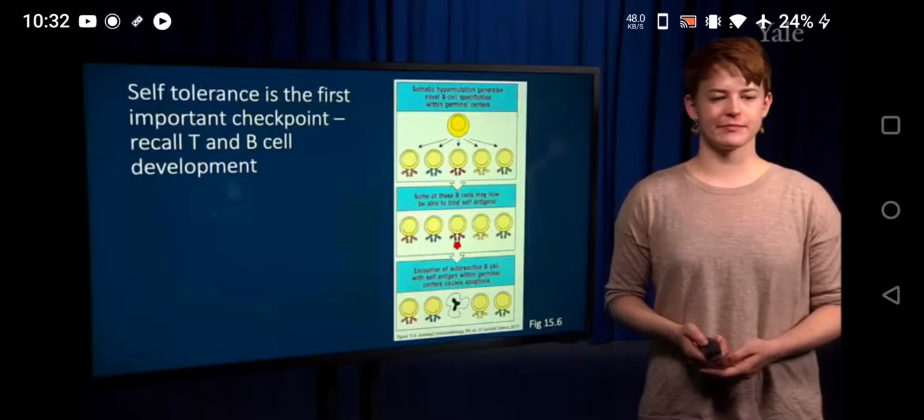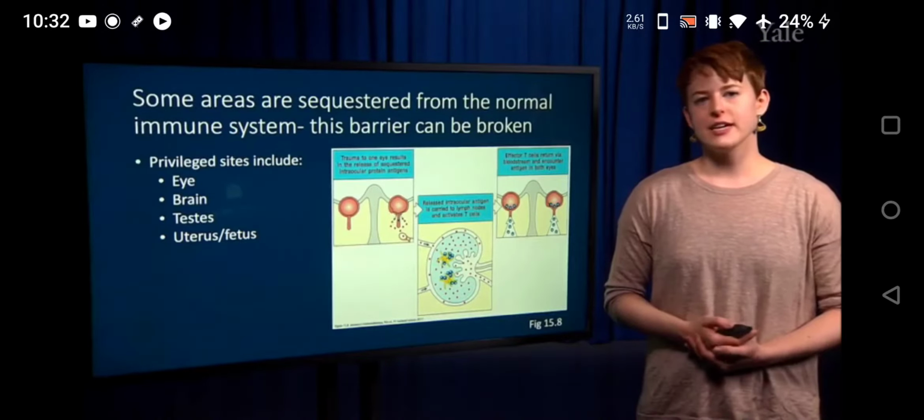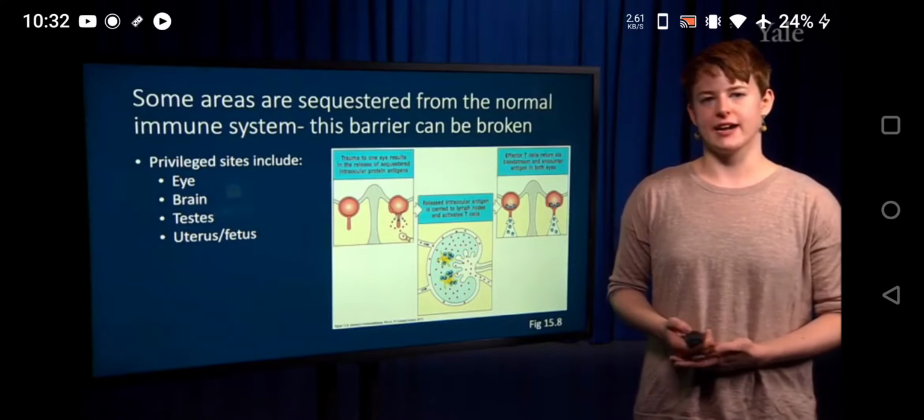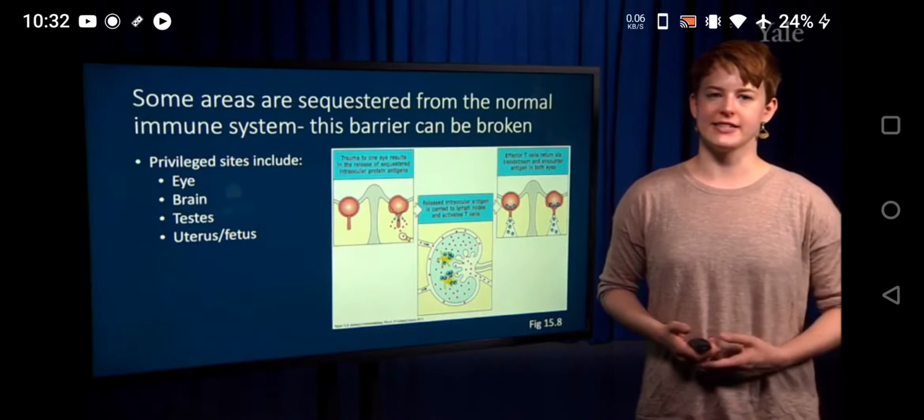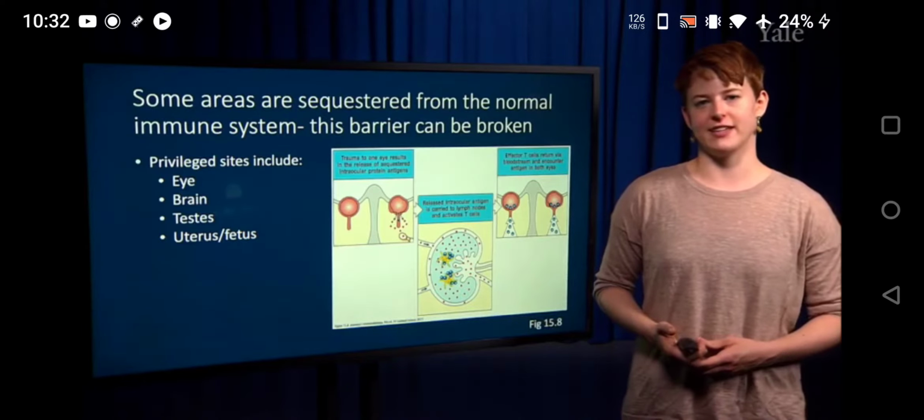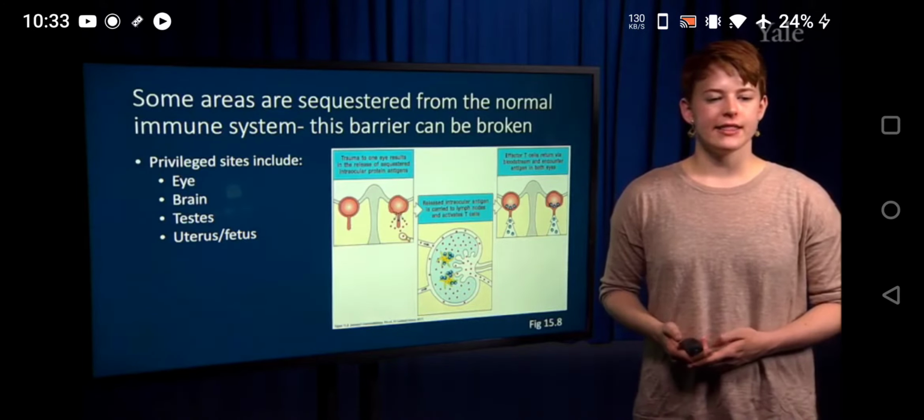We also need to consider that some areas of the body are sequestered from the typical surveillance of the immune system. The most well-known privileged site is probably the brain.